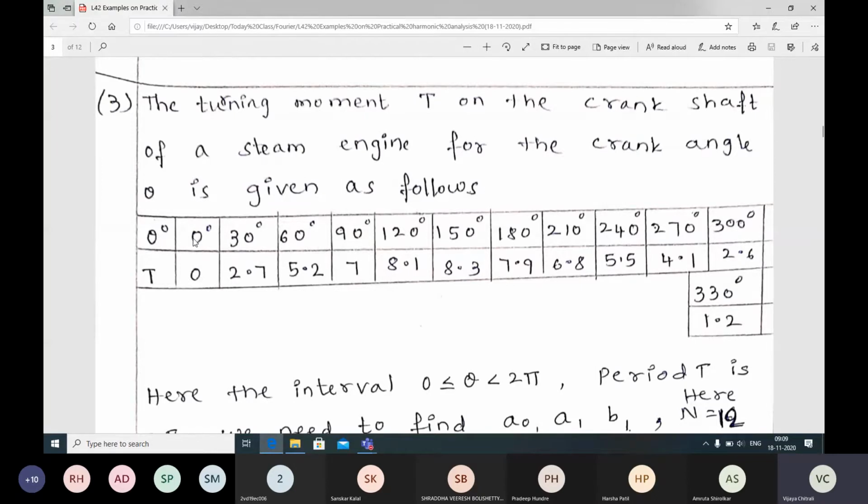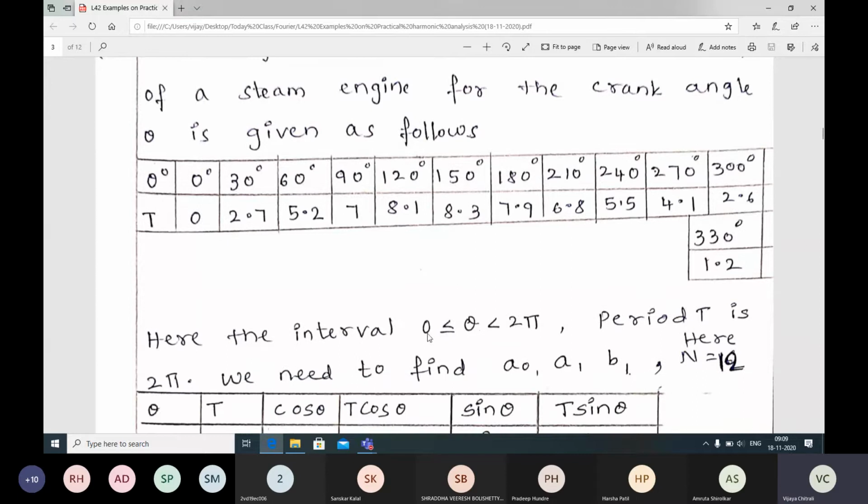So here theta is between what? It started with 0 and ended with 330. The full range Fourier series is 0 to 2 pi. So here theta lies between 0 and less than 2 pi.